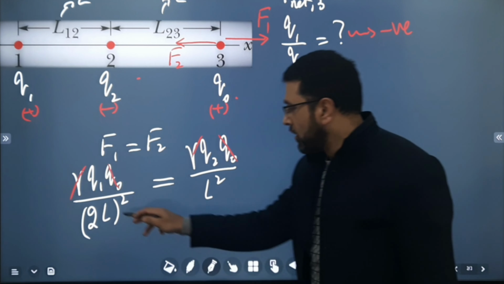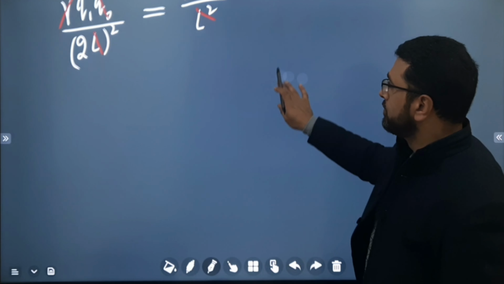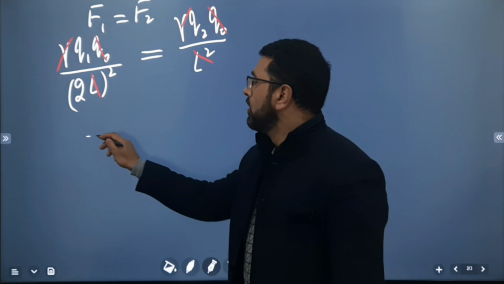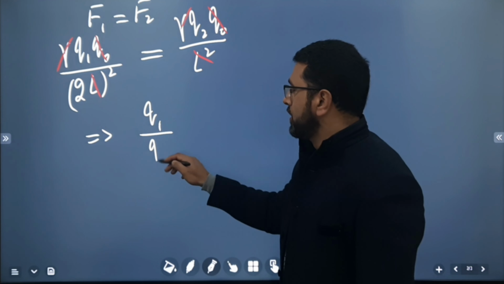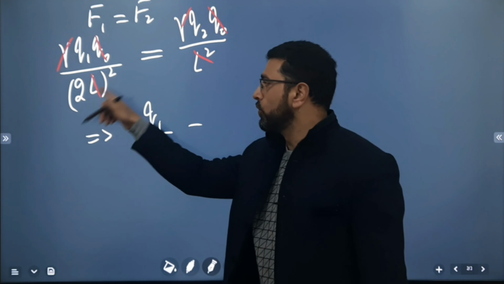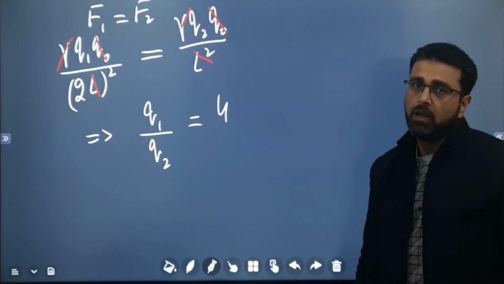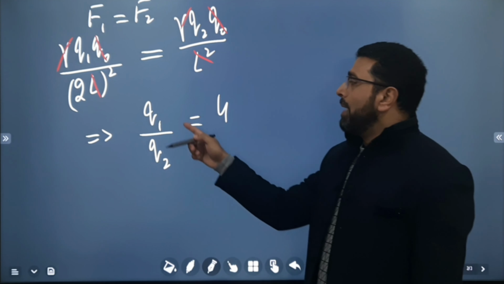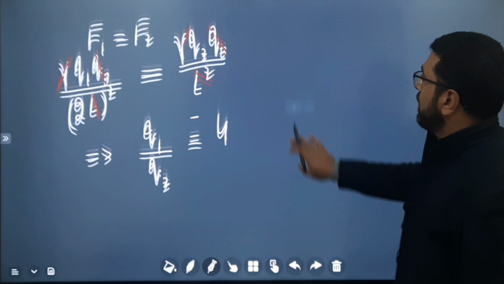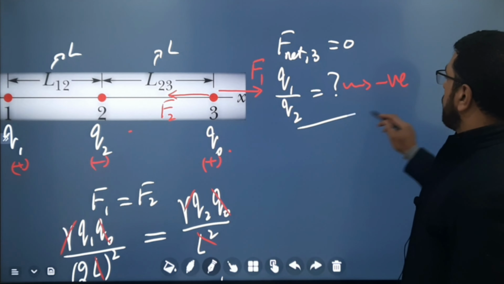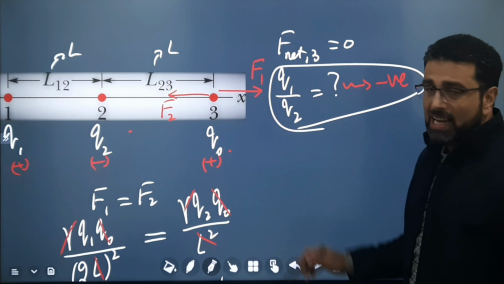Gamma and gamma cancel out. L squared is here and L squared is here, that also cancels out. So this means Q1 divided by Q2 is equal to, taking 2 squared, which is 4, upstairs, 4. So this is the magnitude of the ratio of Q1 and Q2. But we already discussed that Q1 by Q2 has to be negative, because they are unlike charges.